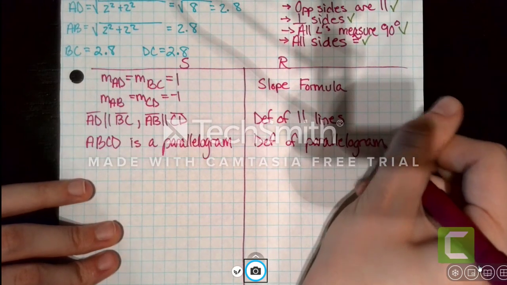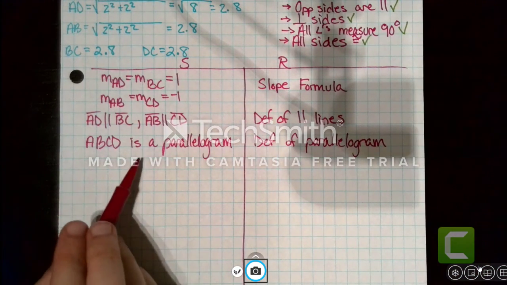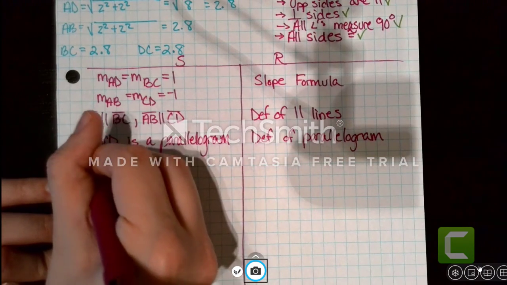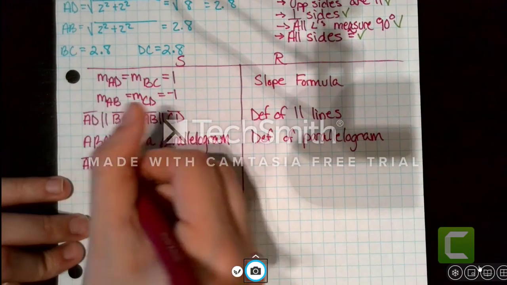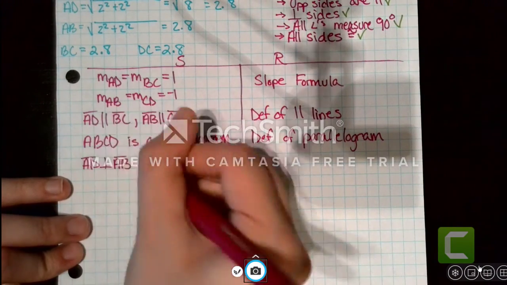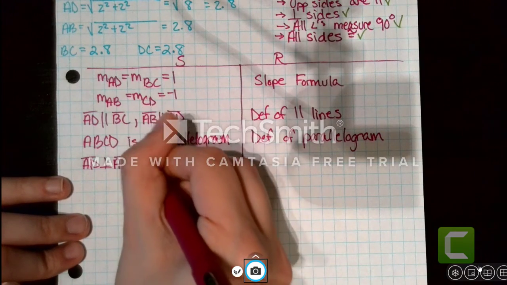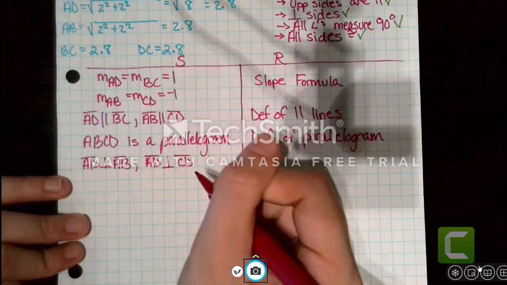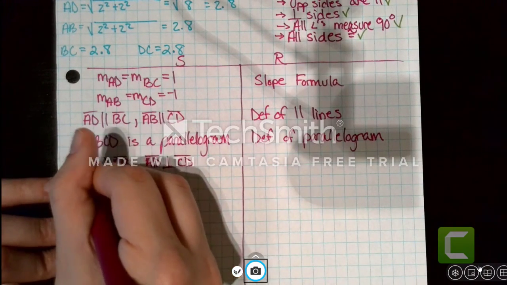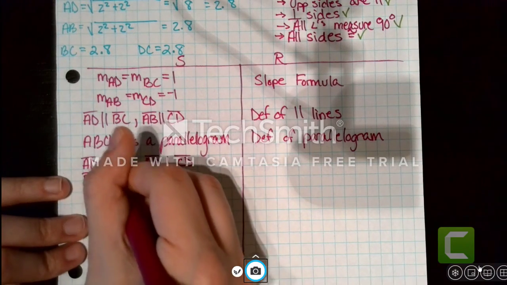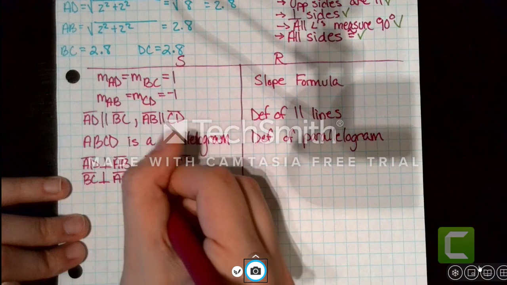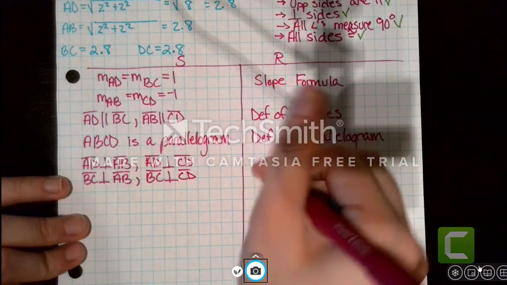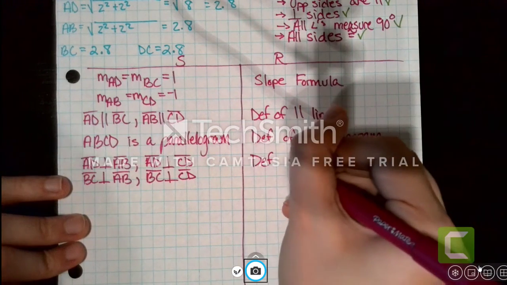Now, proving what makes it unique from a parallelogram, we're going to be focusing on the perpendicular sides, which means that AD is perpendicular to side AB, and that side AD is perpendicular to side CD, as well as side BC is perpendicular to side AB, and that side BC is perpendicular to side CD by the definition of perpendicular lines.